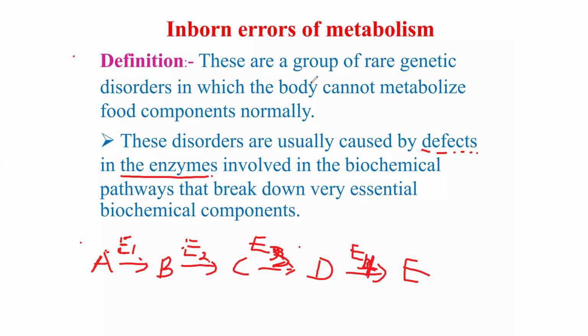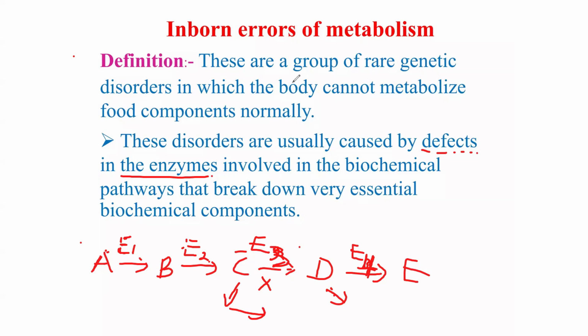Let's assume enzyme 3 here is defective. So what will happen? C cannot be converted to produce D. It means there will be a deficiency of the product D, and of course, C will accumulate. As a result of that colossal accumulation of C, it will lead to a lot of medical problems.